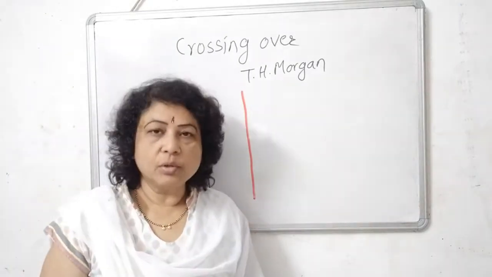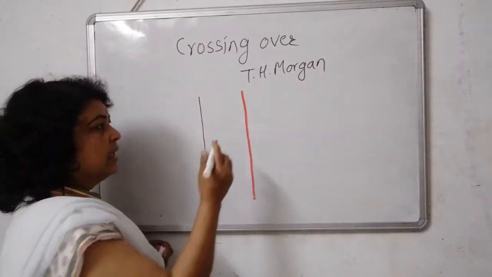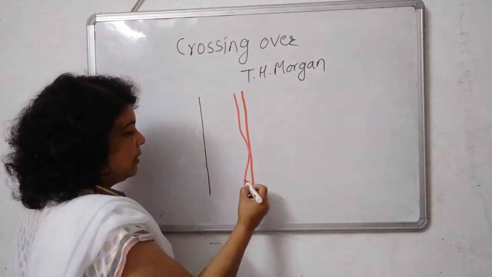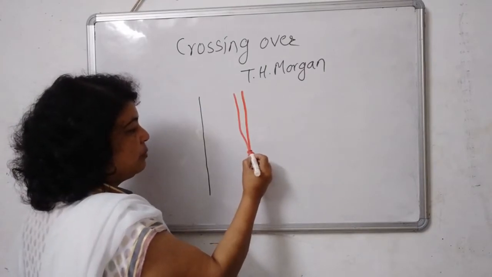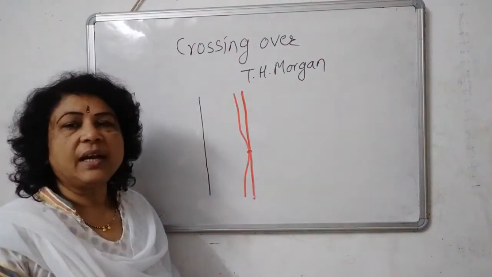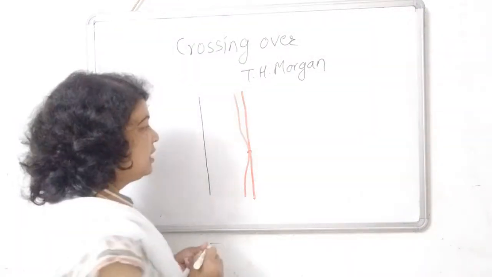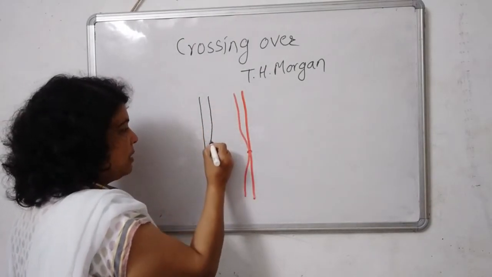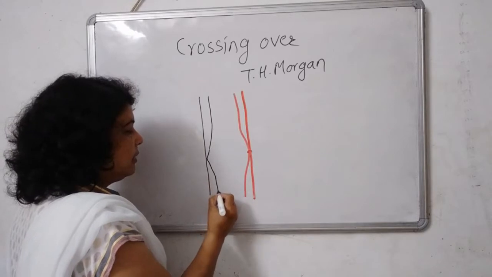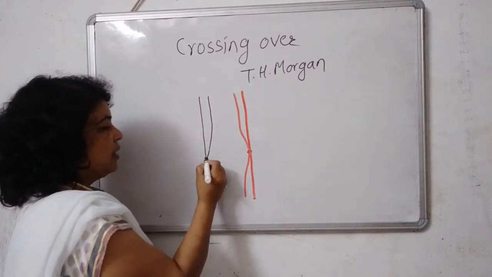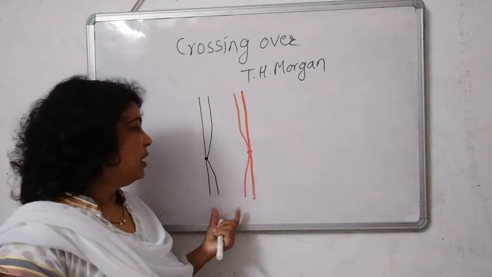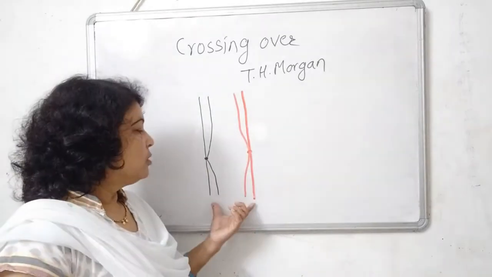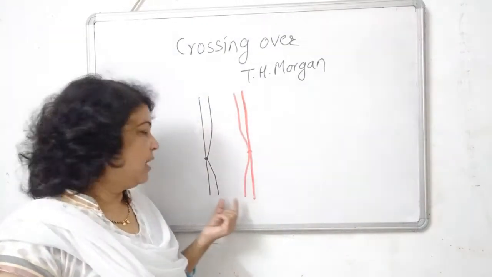At the time of division, these homologous chromosomes produce one more thread, and they unite at a point, which is known as the kinetochore, or centromere. Generally the homologous chromosomes come close to each other and show pairing, so they become double threaded.